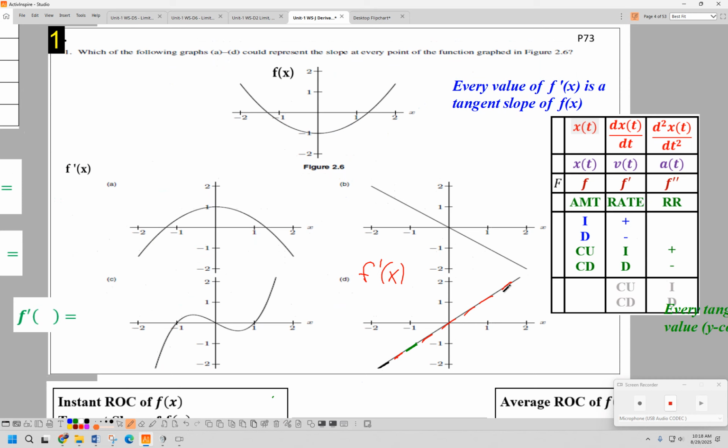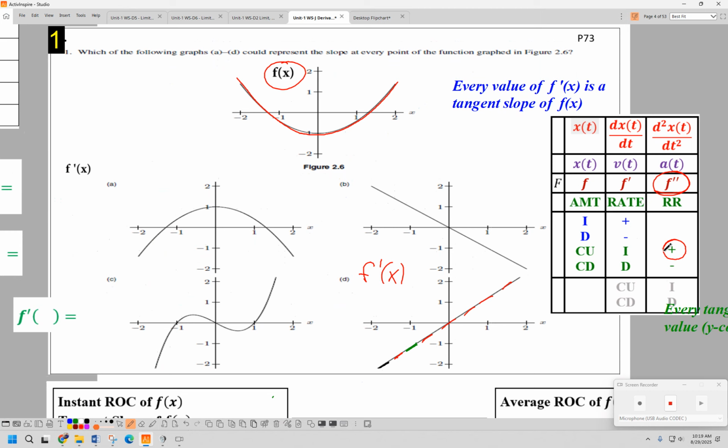Danica's chart makes a convenient jump. You could say, oh look, f of x is concave up always. That means when I go look at my f double prime graph, I must find a graph whose y coordinates are always positive. And we did.